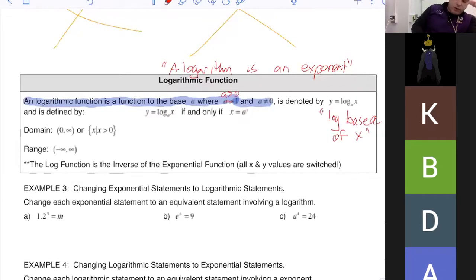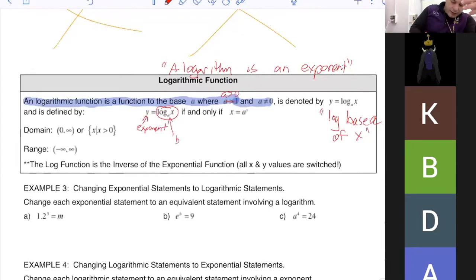He said a logarithm is an exponent, and what he meant by that is the logarithmic function is equal to the exponent. So anytime you have a logarithmic equation, what's on the other side of that equation is going to be the exponent when you rearrange it into exponential notation. A couple things to point out from here.